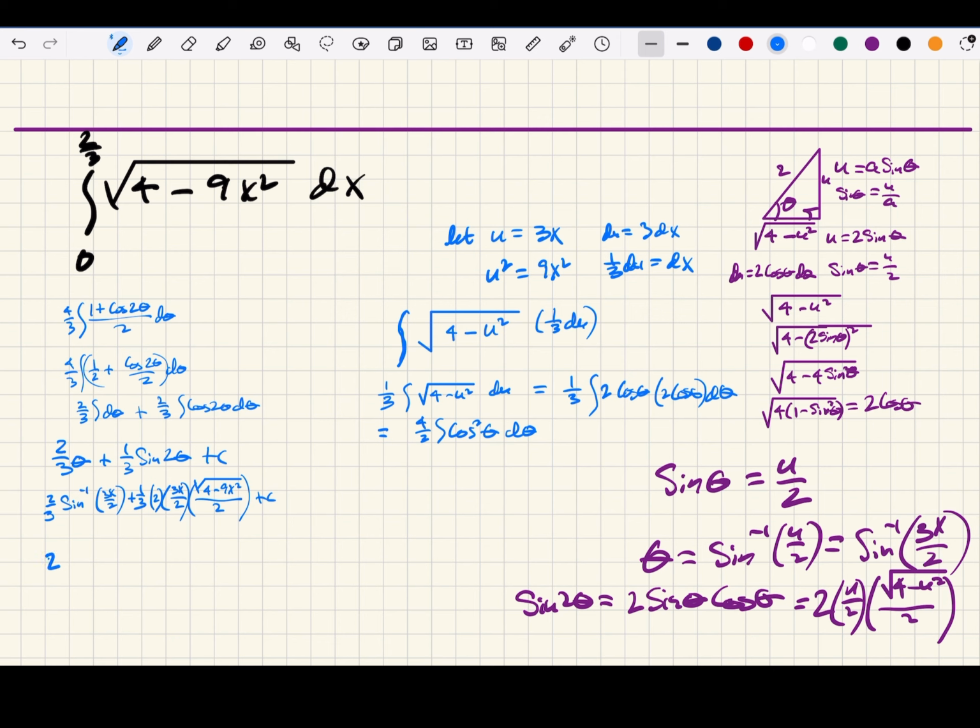So simplifying then, we would have 2/3 inverse sine 3x over 2 plus 1/6 times x square root 4 minus 9x squared, this whole thing evaluated from 0 to 2/3.